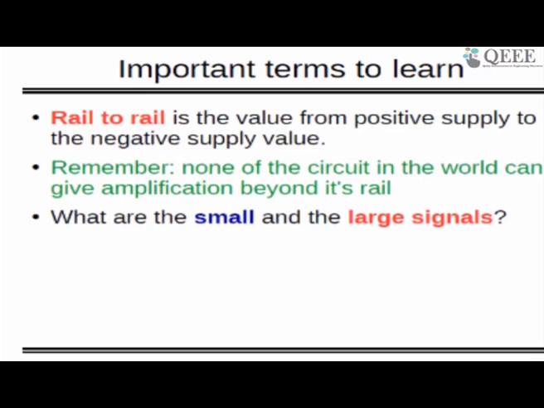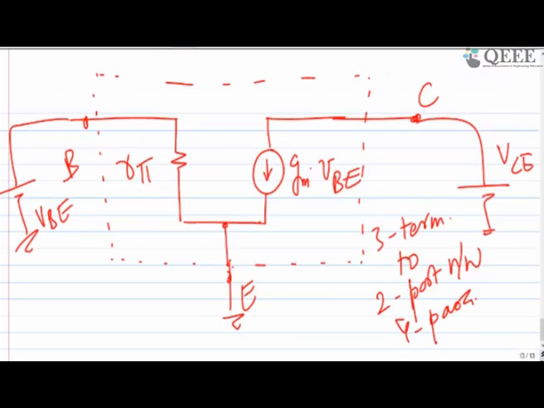Like there is one word called rail. Rail is the supply voltage. If it is rail to rail, I'm talking about the positive rail, meaning the positive supply, and the negative supply. Whenever there is a supply, I'm going to make one symbol like this.